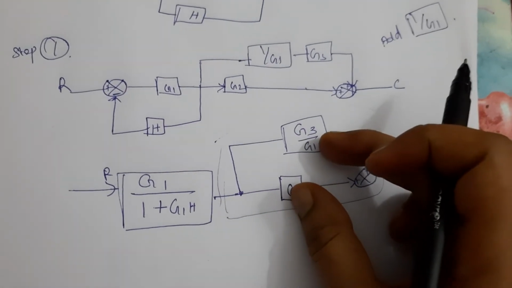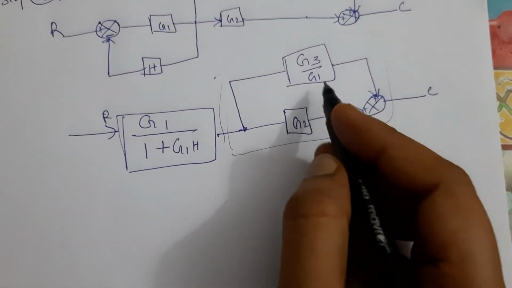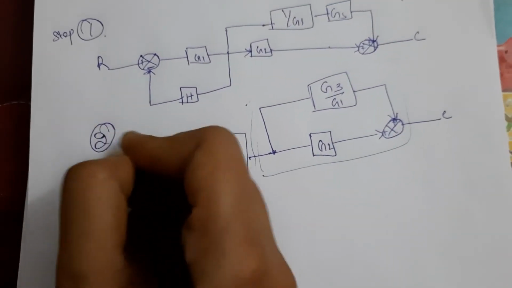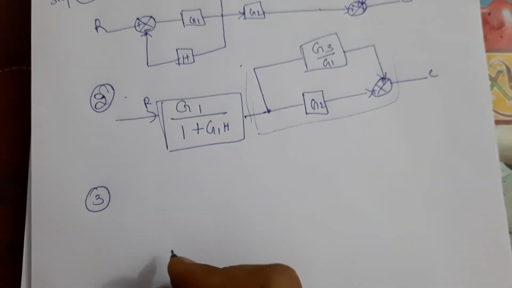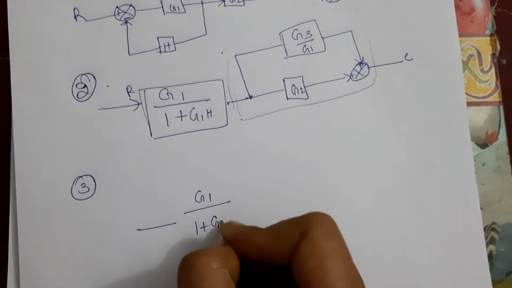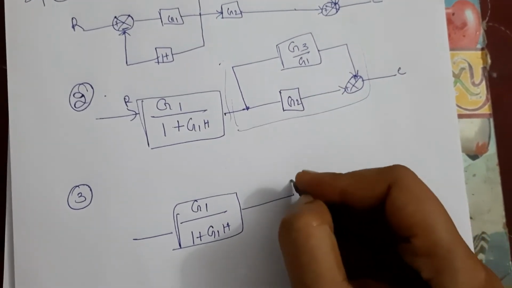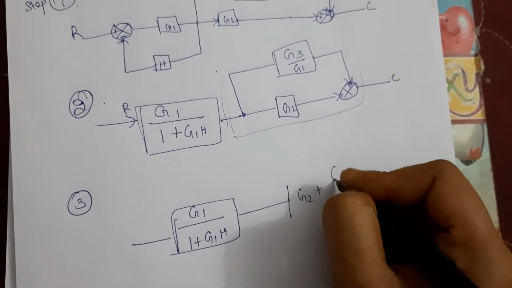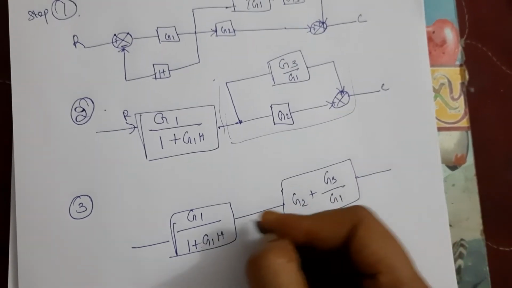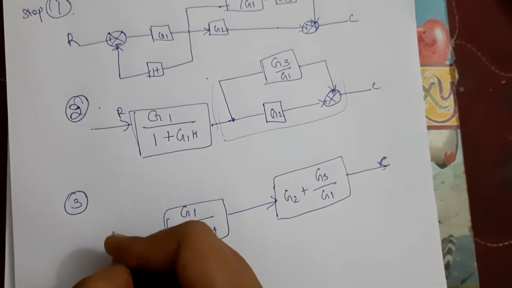This is a parallel connection, so we have to add these two, and this is step 2. Then in the third step we will get G1 divided by 1 plus G1H, and adding these two we will get G2 plus G3 divided by G1. So now this is C and this is R.